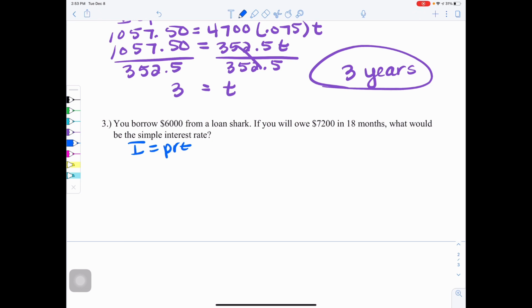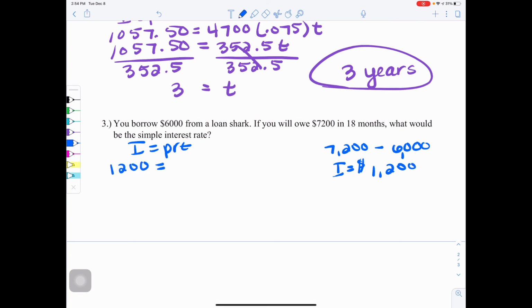You borrowed $6,000, you end up owing $7,200. So you need to figure out what your interest was. $7,200, you would have to subtract the $6,000 you took out to see that your actual amount for your interest would be $1,200. That's going in for I.